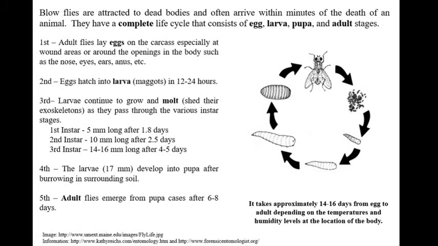Next is blowfly metamorphosis. Metamorphosis means its developmental stages. Now, blowflies are attracted to dead bodies immediately after they smell, or get a clue, that a dead body is lying in that area.